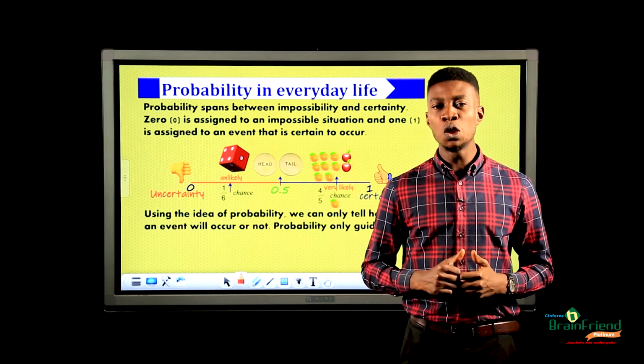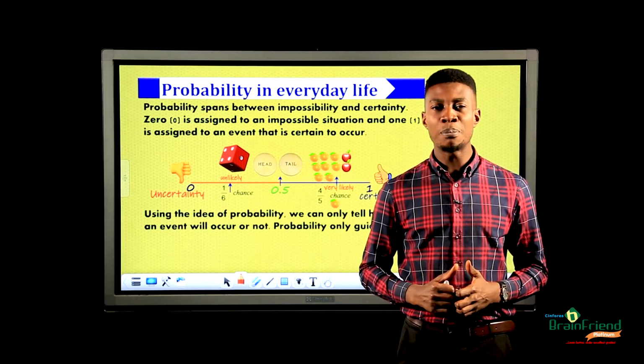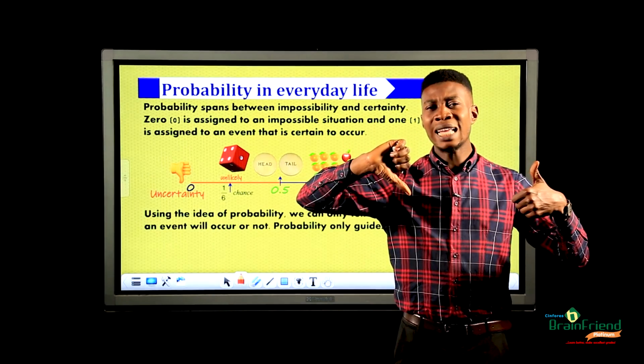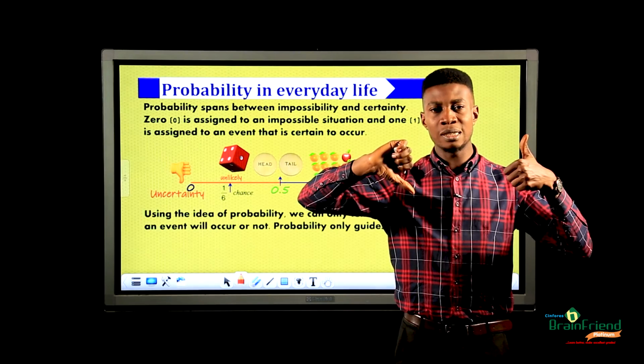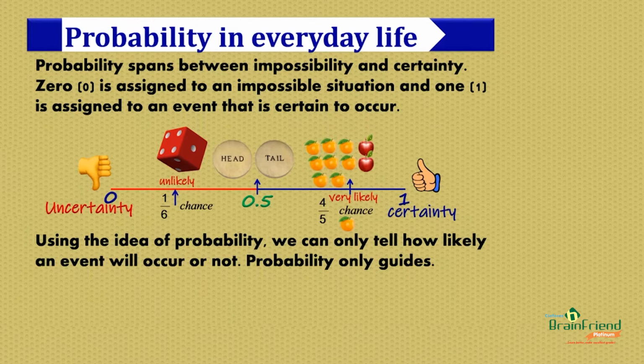It is important to note that in probability, everything we'll be talking about is between certainty and uncertainty. We can assign 1 to certainty and a 0 to uncertainty. Every problem you ever solve in a probability question lies between 0 and 1.